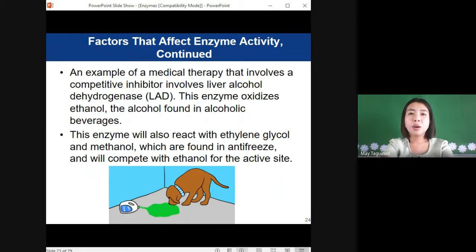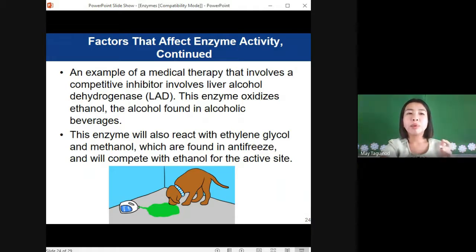An example of a medical therapy that involves a competitive inhibitor involves the liver alcohol dehydrogenase, or LAD. This enzyme oxidizes ethanol, the alcohol found in alcoholic beverages.